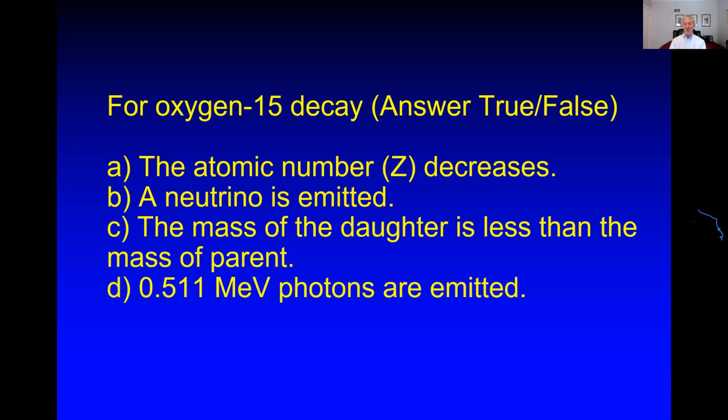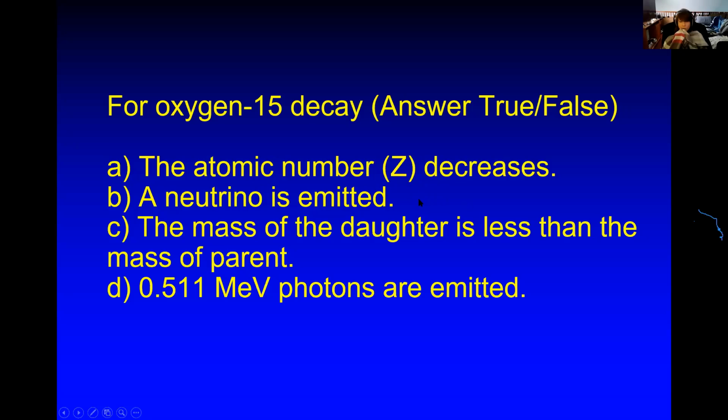Now, armed with that information, that it's a positron emitter, A, what happens to the Z number? When this decays, does the Z number go up or down? So is A true or false? True. The Z number always goes down by 1, just like in beta plus decay. A neutrino is emitted.